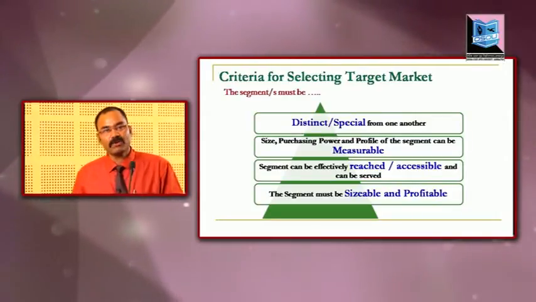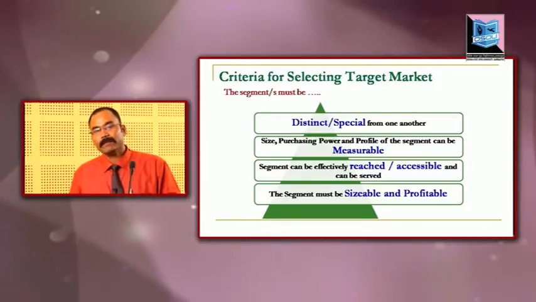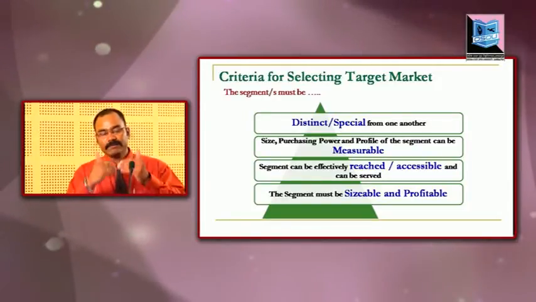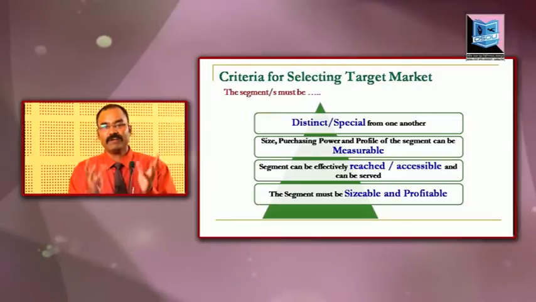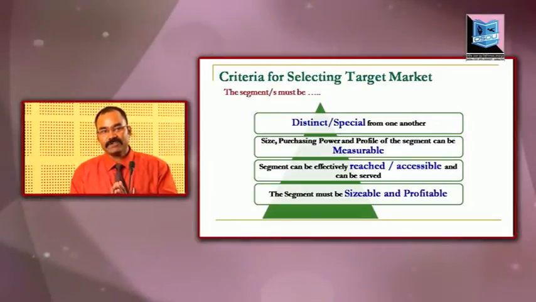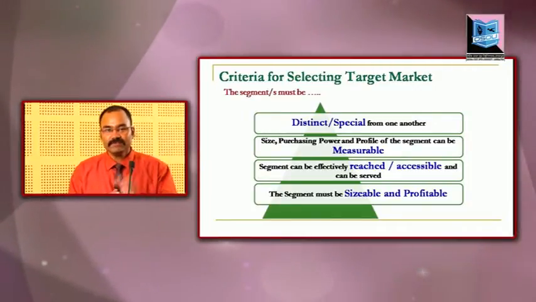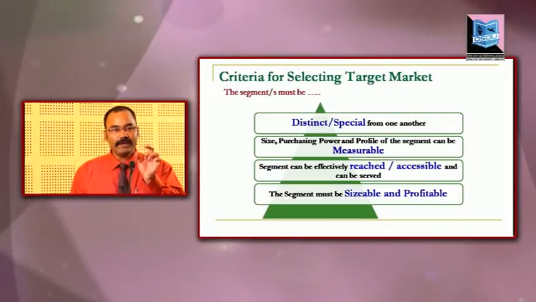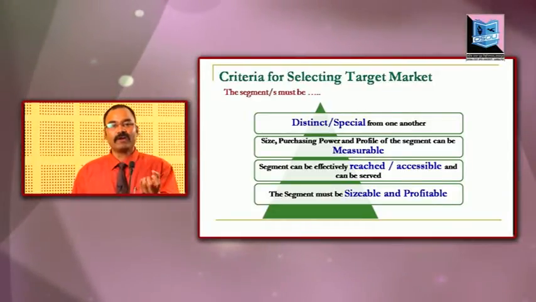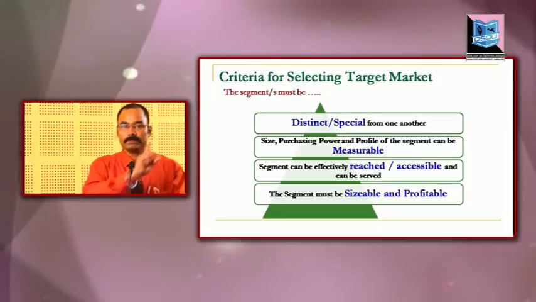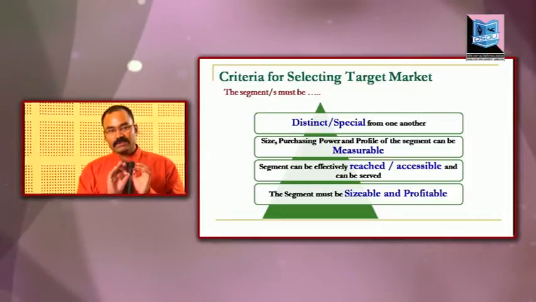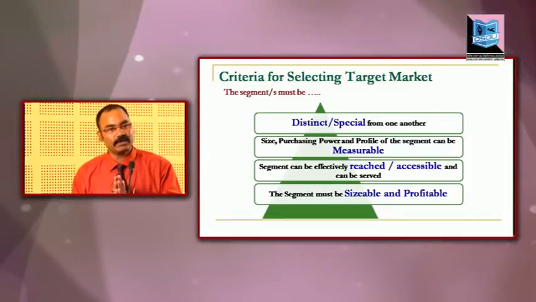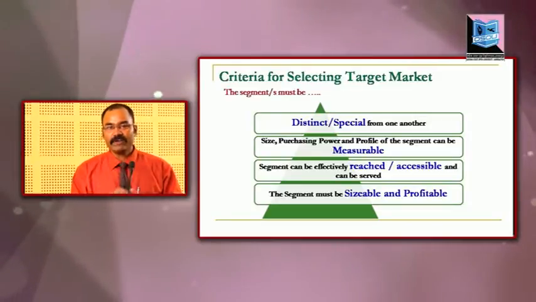Third is sizable or profitability. The segment may not be very big, but it should look profitable, meaning the company should identify a potential to purchase the product the company is going to produce. So these are the major factors the company should consider before evaluating the segmentation.